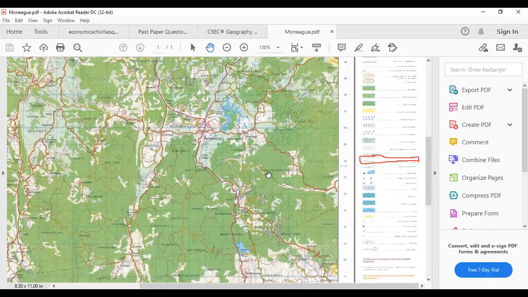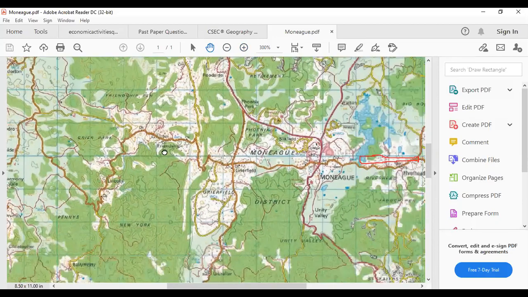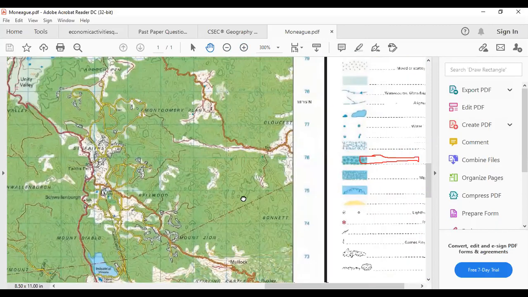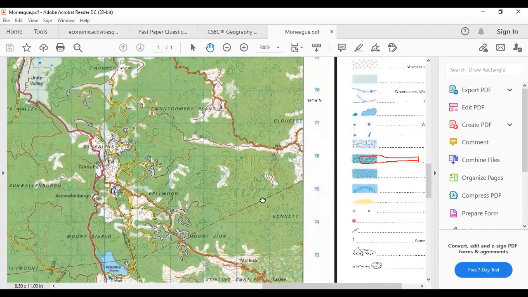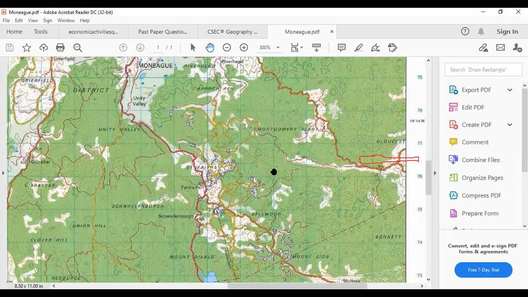I think I saw one over here. You see, like here? So it will be something like this. You're seeing it, and it's a little darker. You're seeing that? Yes, miss. So you look for it and then you put it in on the map.